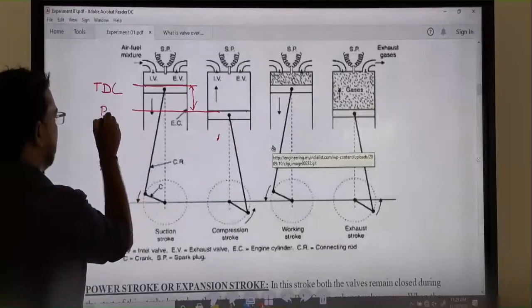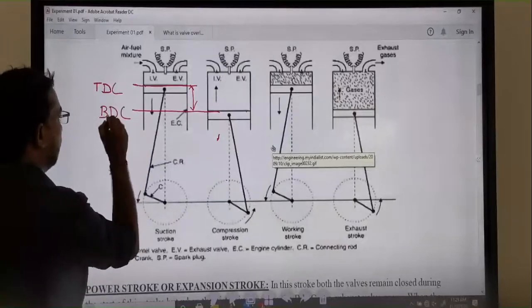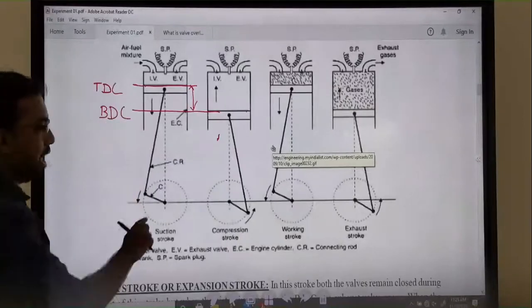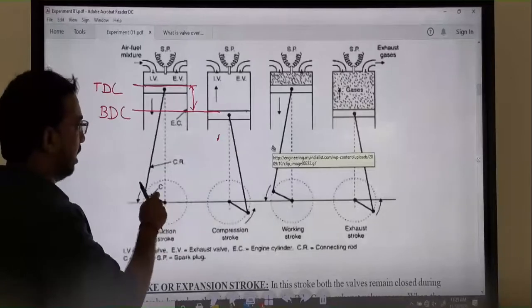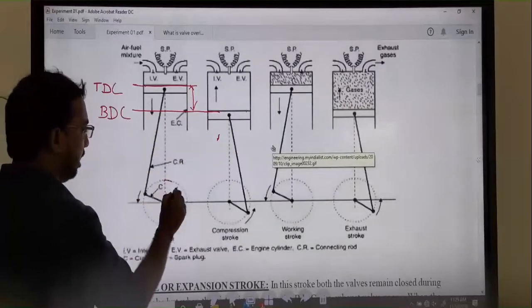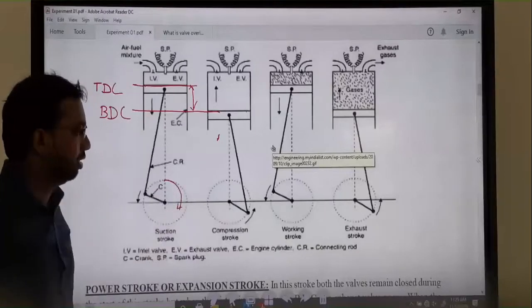Here we call this BDC, bottom dead center. According to this crankshaft, it is rotating like this.